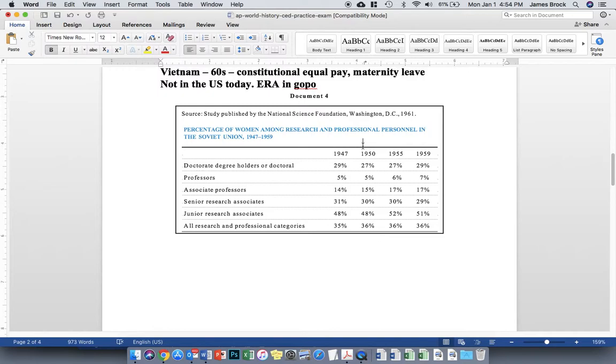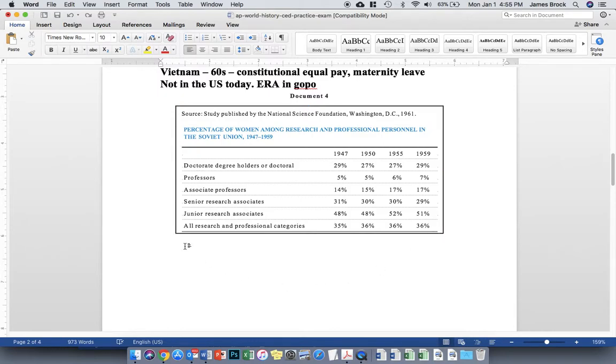As we go across here, we see there's not really much of a change for women with doctoral degrees or professors, a slight increase for associate professors, a slight decrease for research associates, and a slight increase for junior research associates.